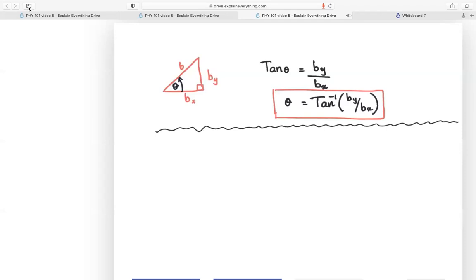Now that we have all the information, let me actually give you a makeup question for you. Okay, so let's say question number 1, and the question number 1 gives you a velocity vector. So the magnitude of the velocity, let's say 25 meters per second, and the angle it makes with the positive x direction.